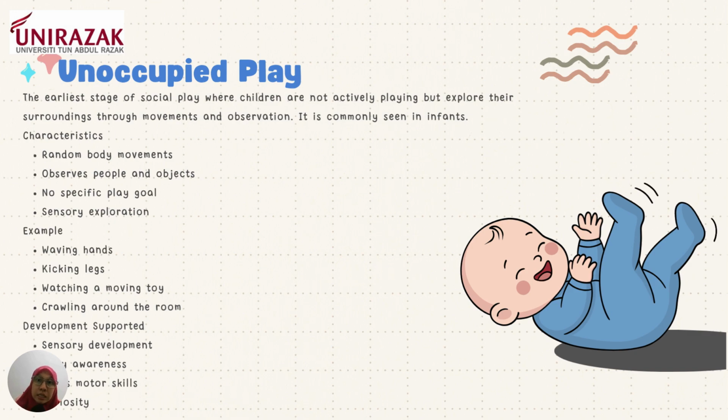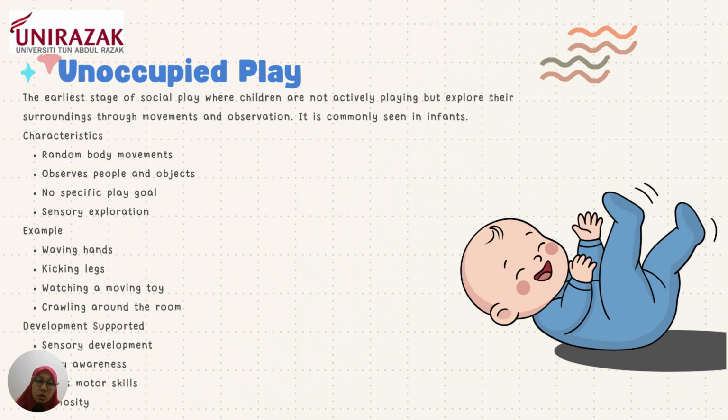Instead, they're just starting to get to know their surroundings, the world around them. They will usually just move their body and watch what is happening around them, which we mostly see in babies.